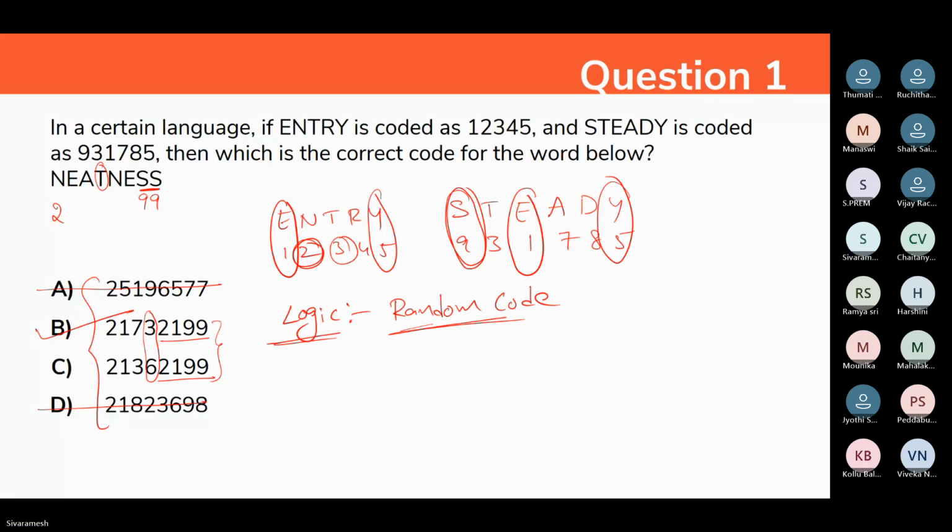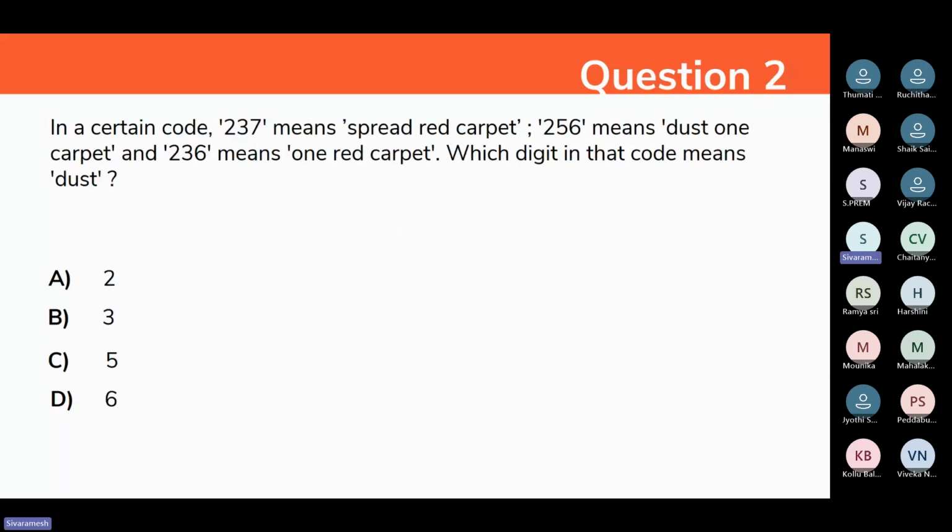Can you understand this and tell me the answer for this? Next question.